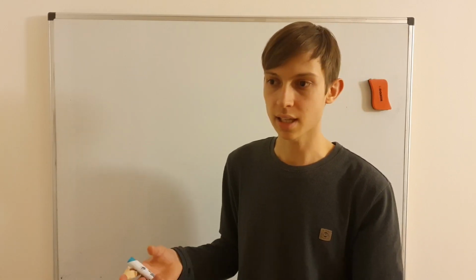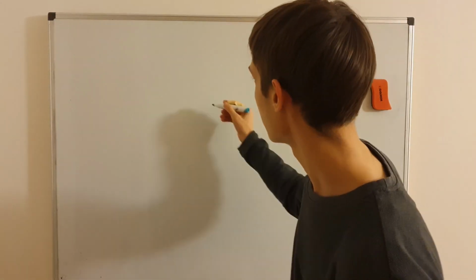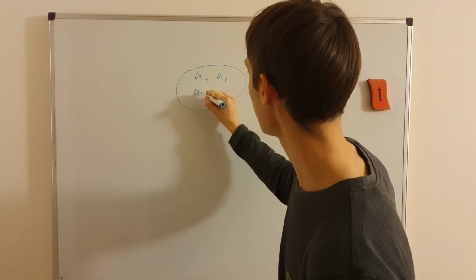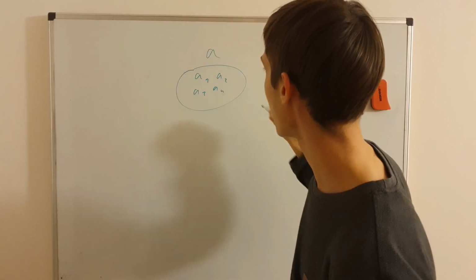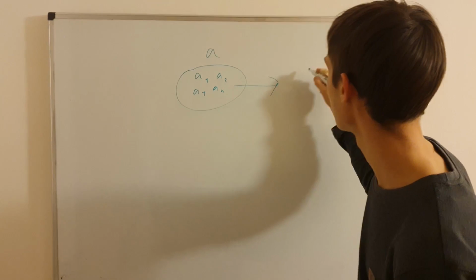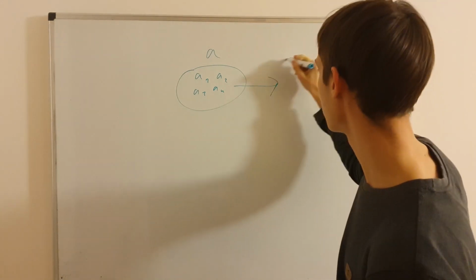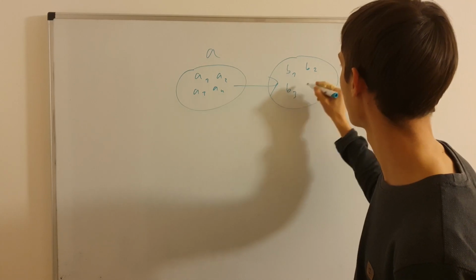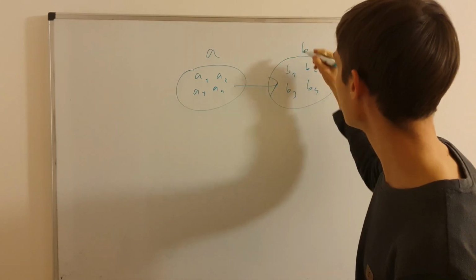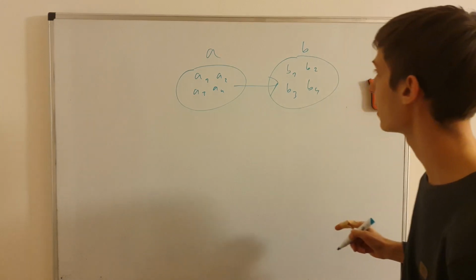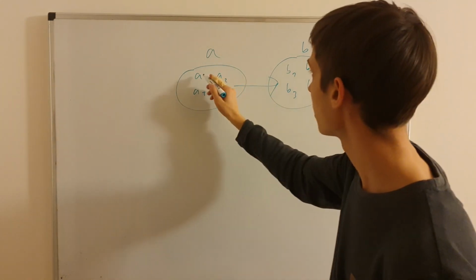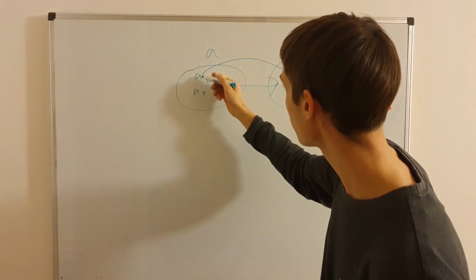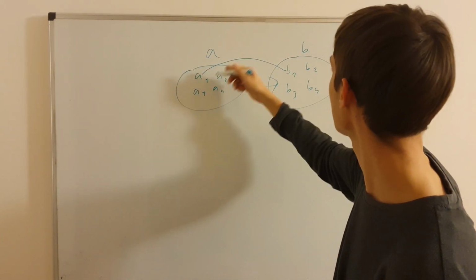In terms of sets, there's a set, let's say containing A1, A2, A3, A4, set A, and the bijective function maps it onto another set B with the same number of elements. One element will only be linked to one element in the other set.